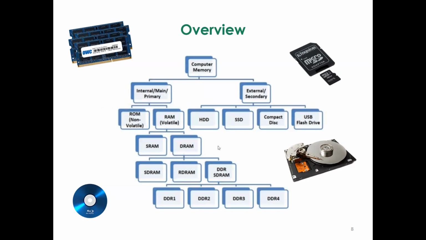So internal memory, often referred to as your main memory, includes things like your ROM, which is used on computing devices, for example, to store manufacturer specific configurations for your phone or for your laptop.